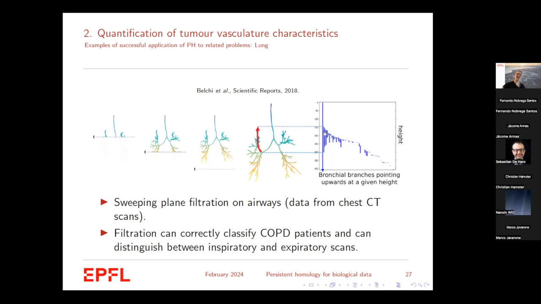They found that the dimension 0 barcodes measured how bushy the airways were, how much they were branching upwards. And they found that this filtration can correctly classify patients with chronic obstructive pulmonary disease and can distinguish between inspiratory and expiratory scans.